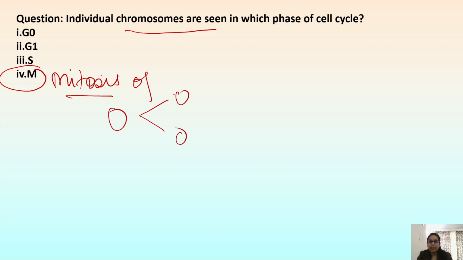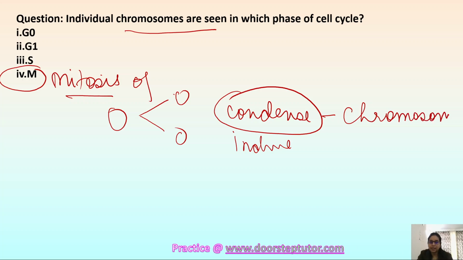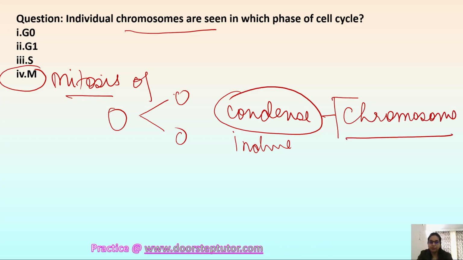During mitosis, or the M phase, the chromosomes condense and become individually visible as the cell prepares for cell division. When they condense, they take the formation of chromosomes. That is why they are visible in the M phase.